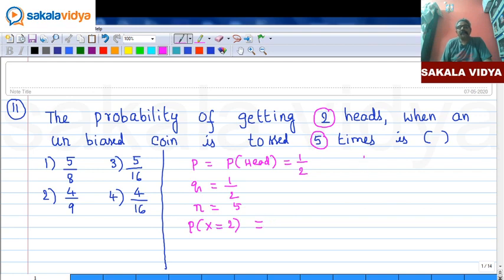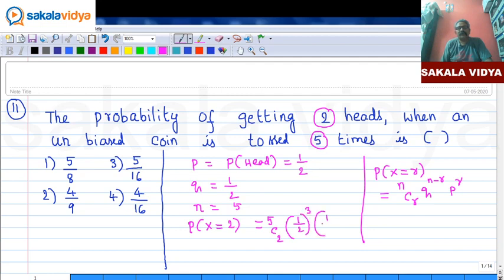So let me give here, see, P of x is equal to R using binomial distribution is NCR Q power n minus R and P power R. So that is equal to 5 C2 into Q. Q means 1 by 2, 5 minus 2 is 3, this P is also 1 by 2 whole square. 5 C2 we need to calculate it. 5 C2 equals to 5 into 5 minus 1 4 by 2 factorial is 2 into 1, 2 1 ja 2 2 ja, this will be 10.